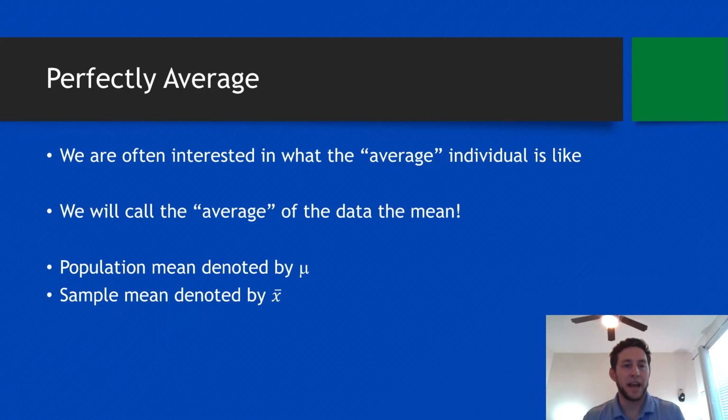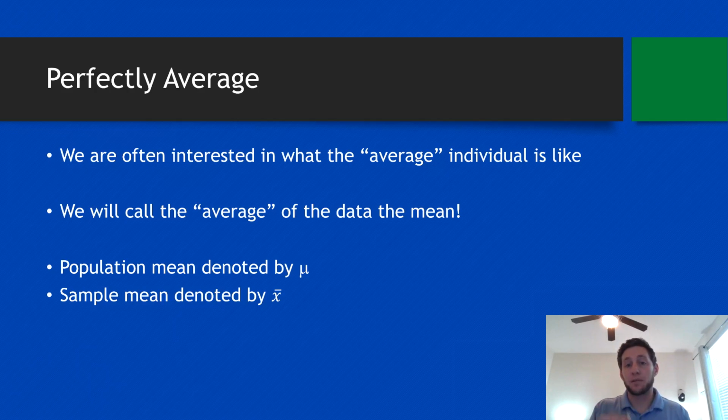Well, let's talk about being perfectly average. We're often interested in what the average individual is like. You could be talking average height, average weight, what have you. By the word average, what we're going to call in statistics is the mean. So mean means average. Since we've talked about a distinction between a population and a sample, a population is ideally what we're going after, but a sample is the more achievable way to get towards the population.